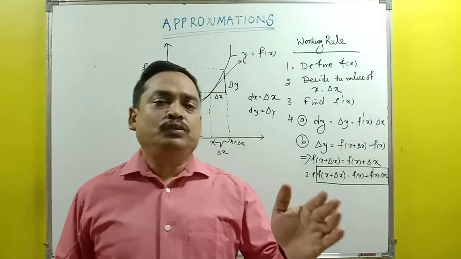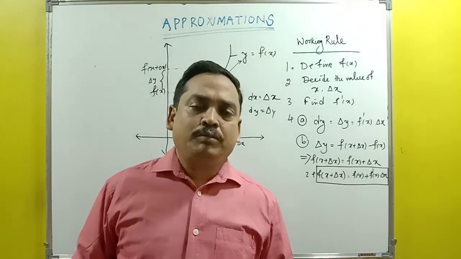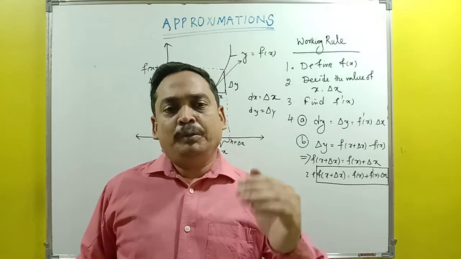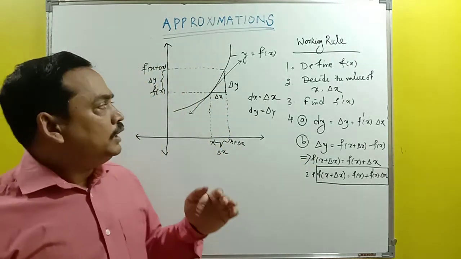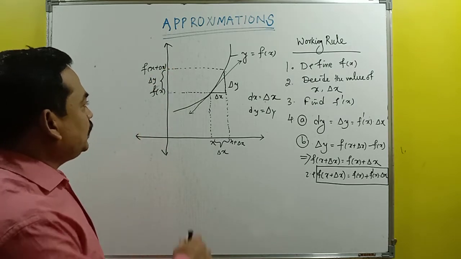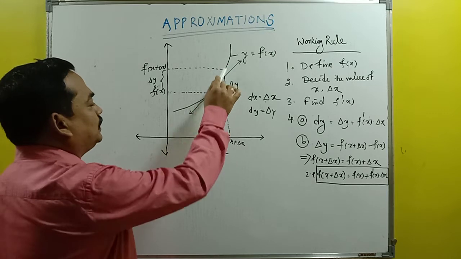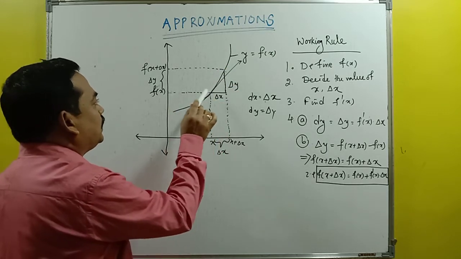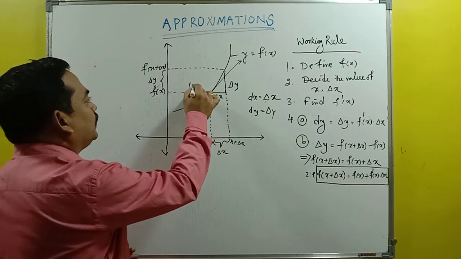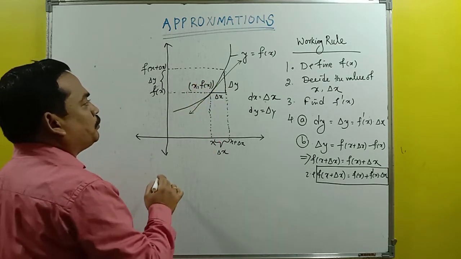Before reaching this approximation, I want to say some basic geometrical concepts which we discussed already in the derivative. And today in this question, just see this graph. Here if there is a point x on the curve y is equal to f of x, then definitely the coordinates of this point will be x comma f of x, because the y value is f of x.